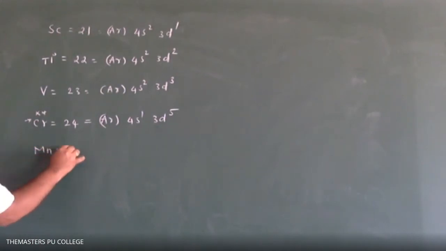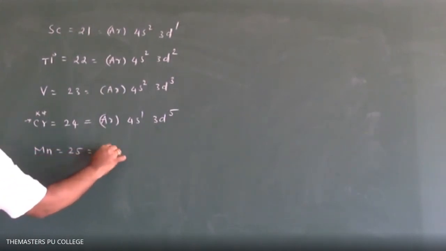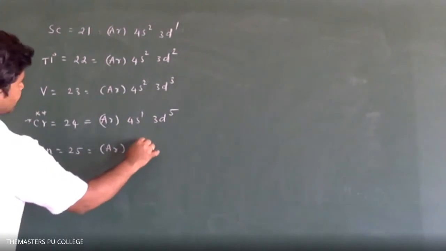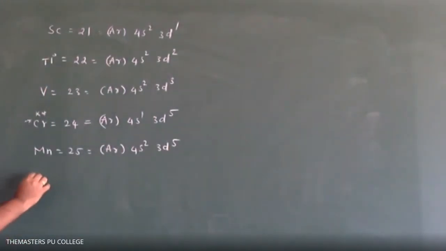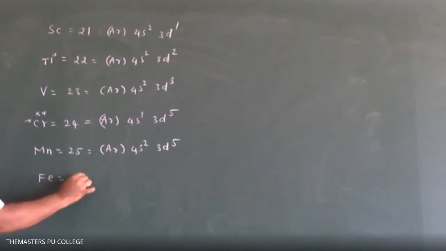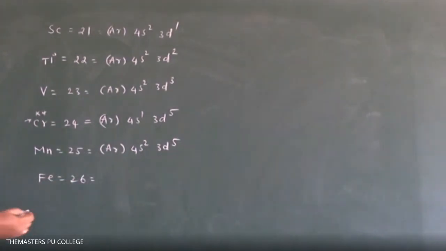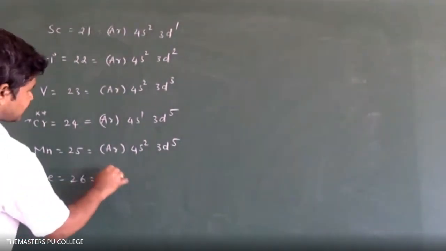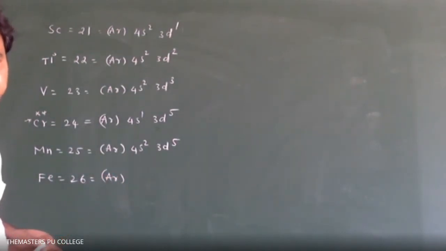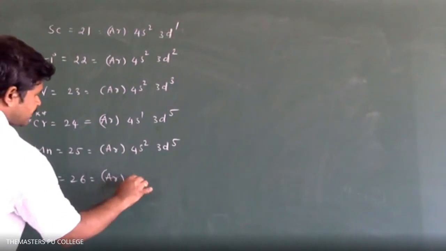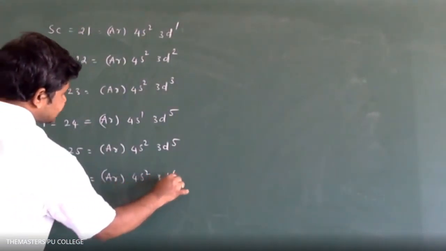Okay. Next, manganese, 25: argon 4s2 3d5. Next, iron, 26: argon 4s2 3d6.